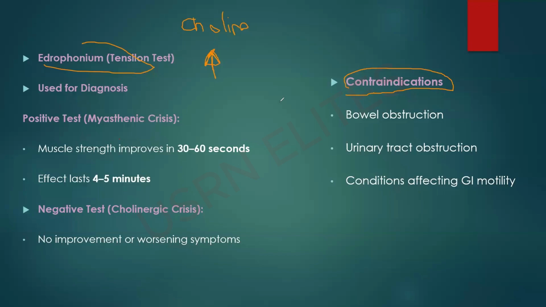Anticholinergics. Let me use the popular thing that I normally say. I can't poo, which means you have constipation, right? I can't pee, that's urinary retention.